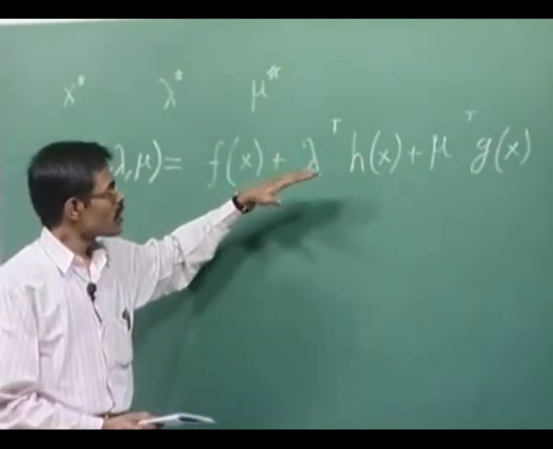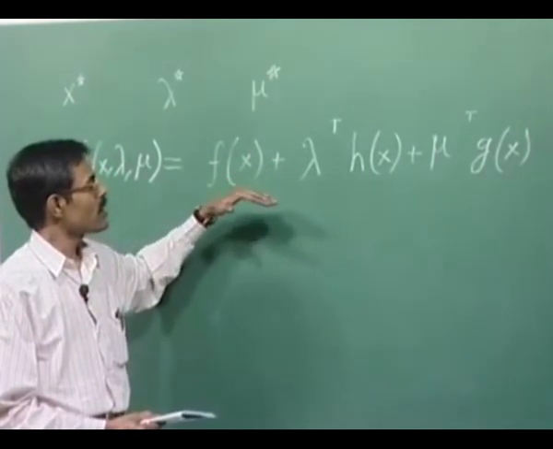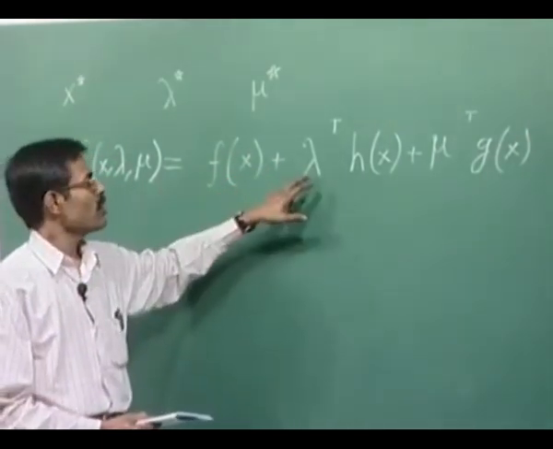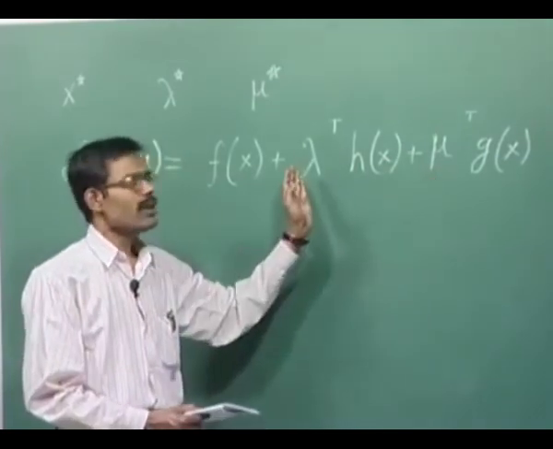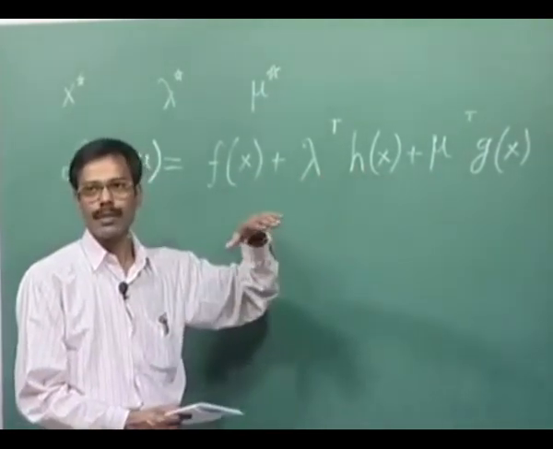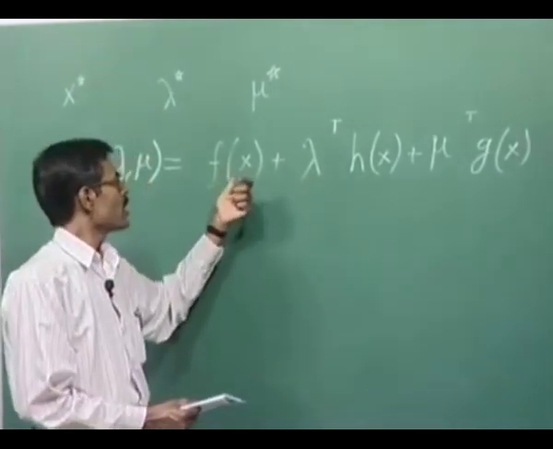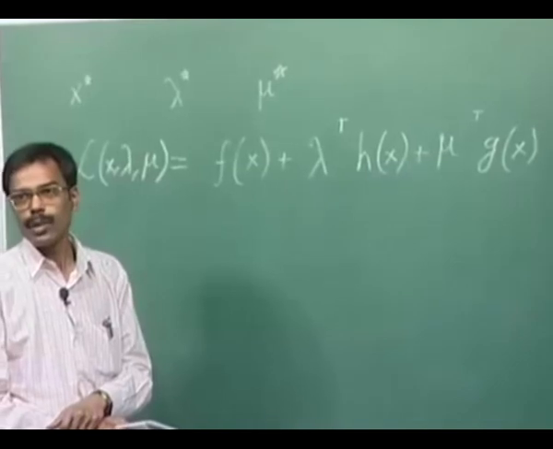Now, the minimum point x star in that case will depend upon the lambda and mu values that we give. That is, if we end up giving the correct values of lambda and mu, that is lambda star and mu star, then we will get the correct x star, which is the solution of the original optimization problem.